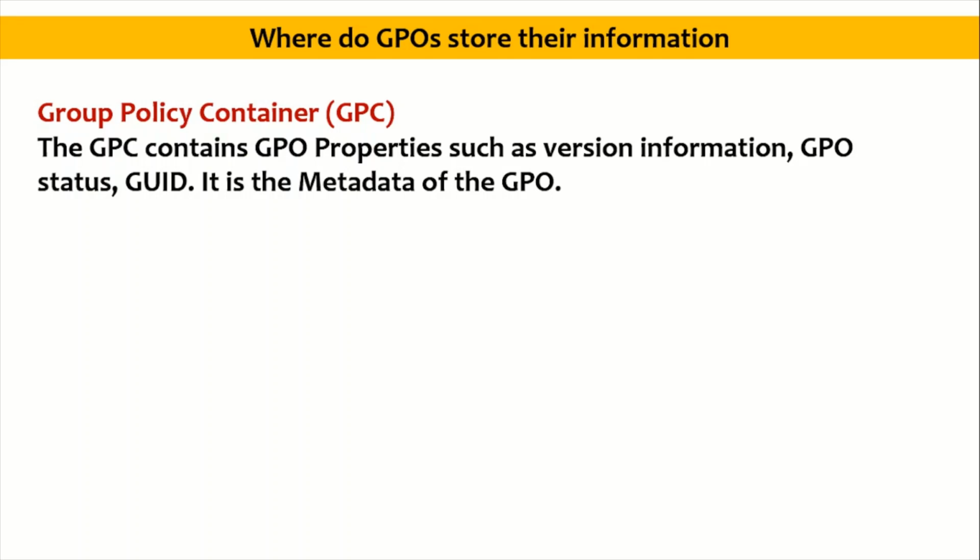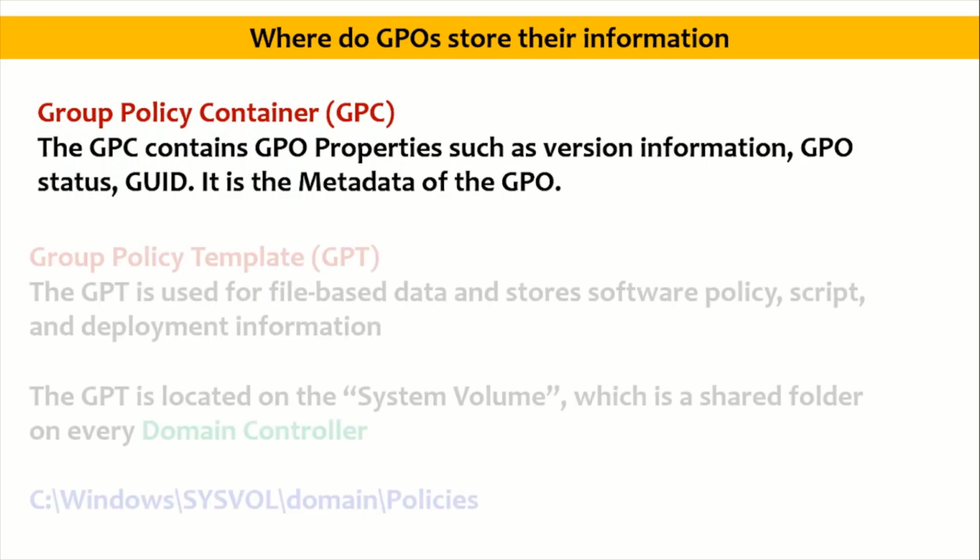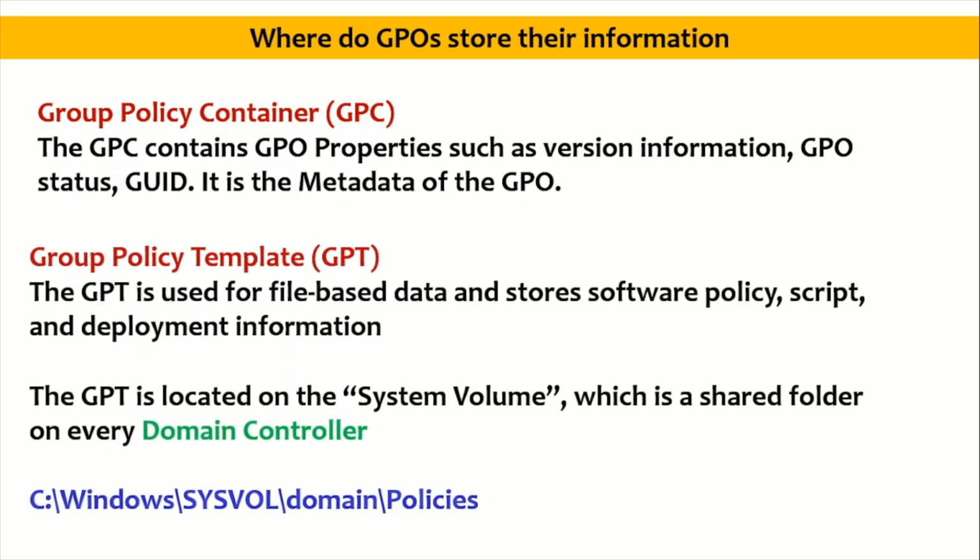So again, where does group policy store the information? The group policy container contains group policy properties such as version information, group policy status, GUID, etc. It is the metadata of the group policy. And the group policy template is used for file-based data and stores software policies, scripts and deployment information.